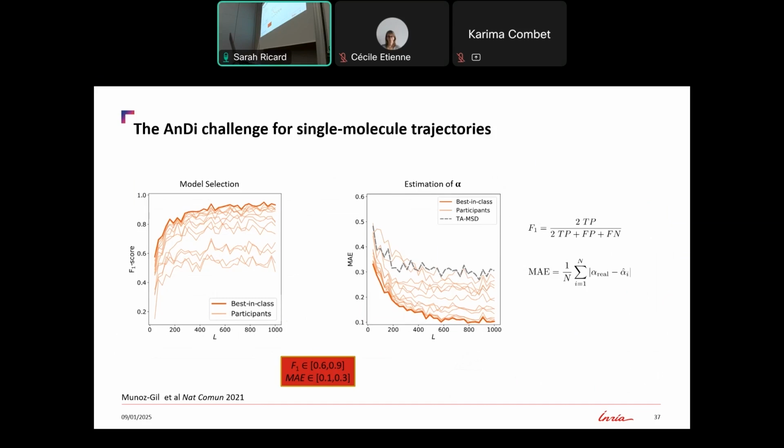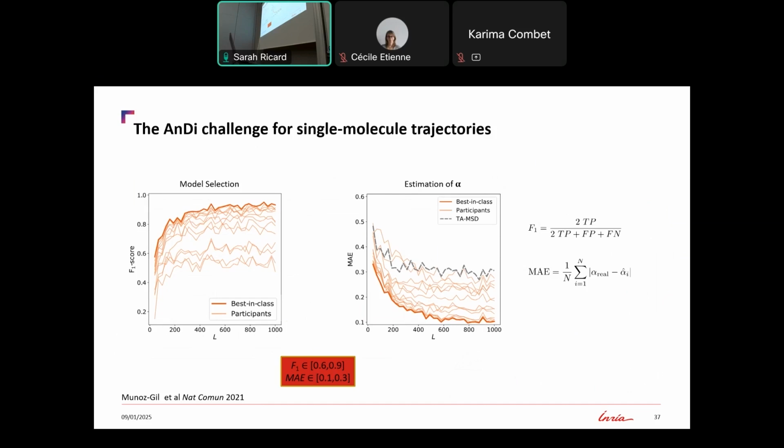What you see is this plotted as a function of the length of the trajectory, so the number of positions in a trajectory. If you have very long trajectories, like 600, 800 points, this works like a charm, at least for some of them. The best one is 0.9 something in terms of F1 score, so it really works nicely.